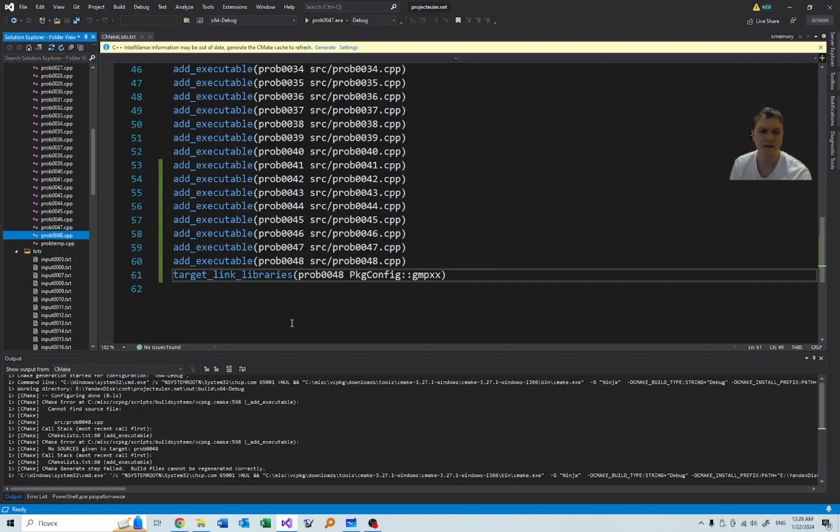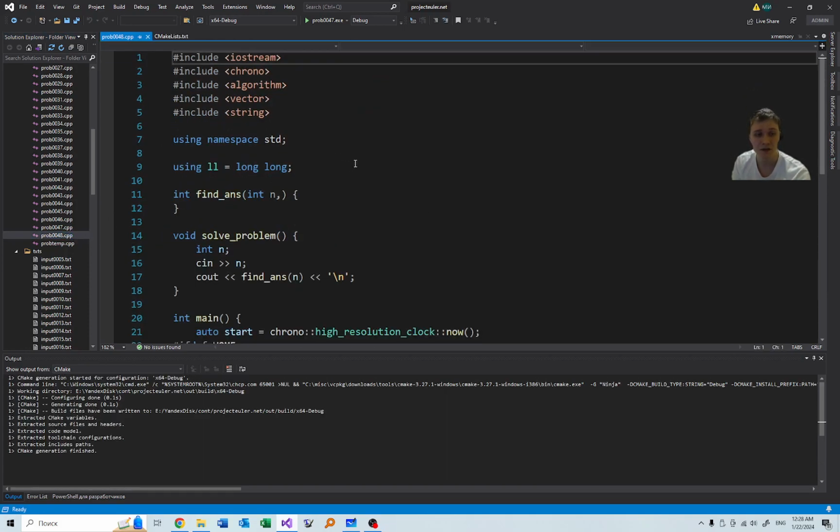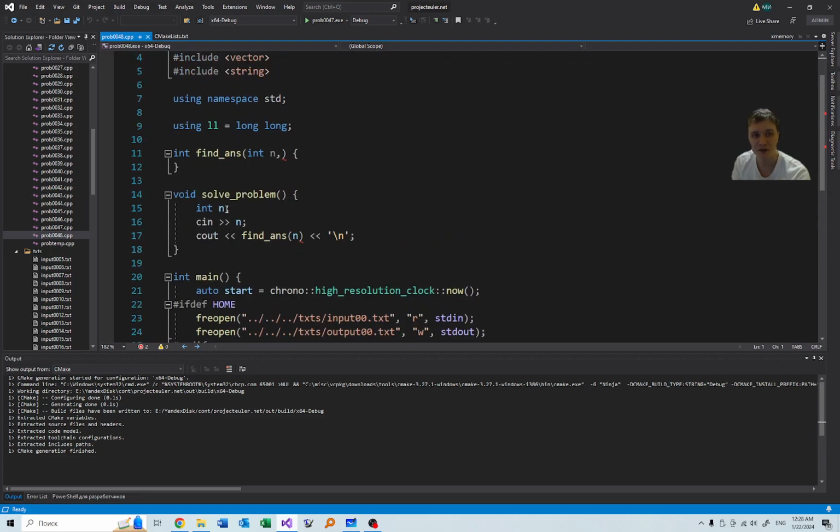Okay, fine. There are reasons why not have GMP. Let's try not to have GMP. This is normal. Okay, let's avoid GMP. We don't want arbitrary precision arithmetic. So we assume that n to the power k is not a big number.